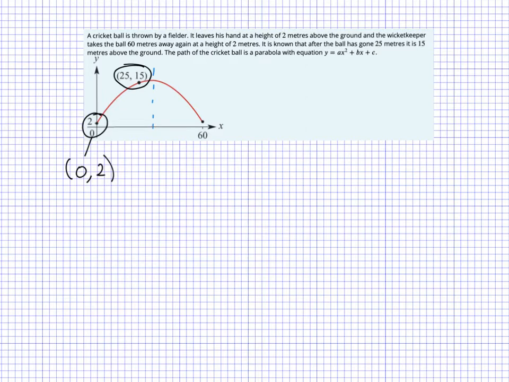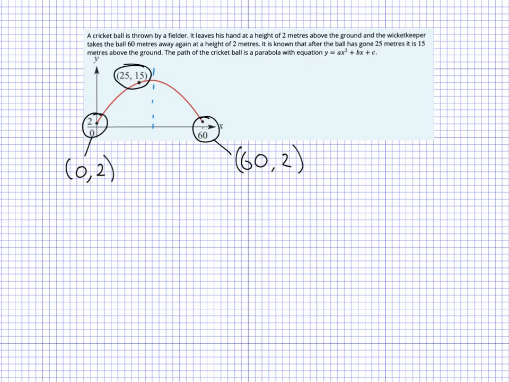It should be halfway between 0 and 60, which is not 25. So remember, this point here is not the turning point. The third point we're using from this graph is this last one here, which is 60 meters away and 2 meters above the ground. So our 3 points are 0, 2, 25, 15, and 60, 2.